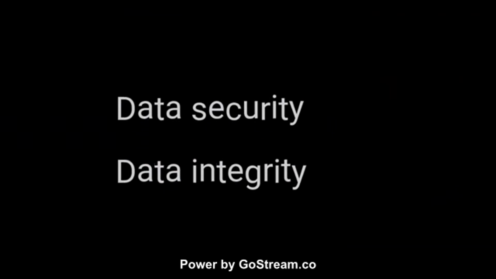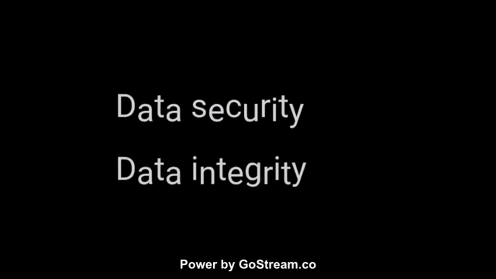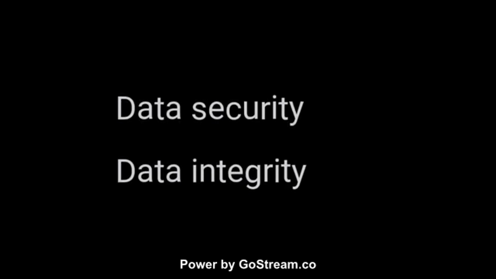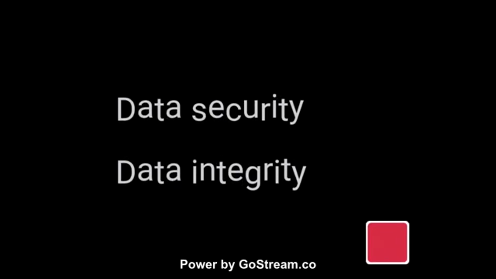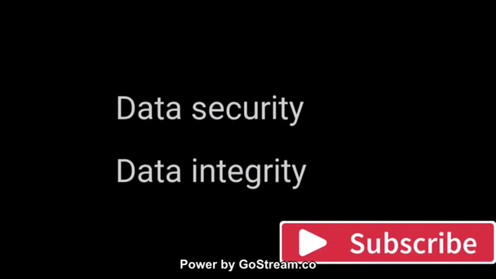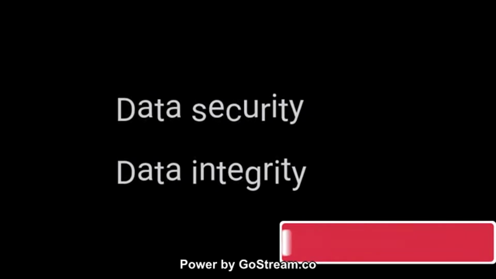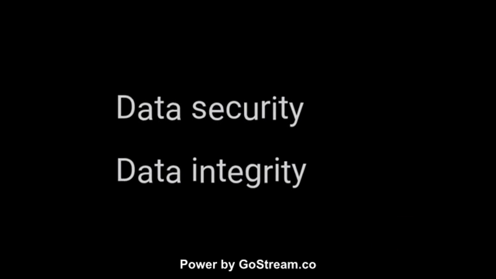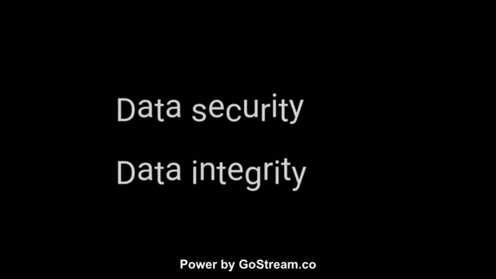The simplest answer is because of data security and data integrity. So you want to maintain data integrity, you want to maintain data security, and that is why tuple is immutable and is one that is different from the rest of other data structure.